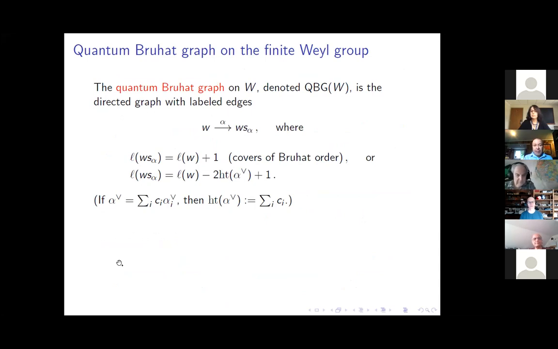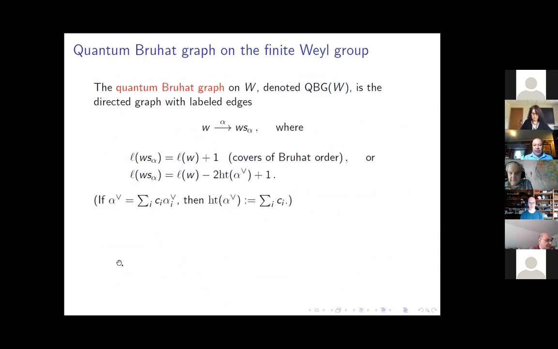So the model is based on the quantum Bruhat graph, which is a graph on the finite Weyl group, denoted QBG(W), which has directed labeled edges going from some element w to w s alpha, s alpha being the reflection corresponding to an arbitrary positive root alpha.